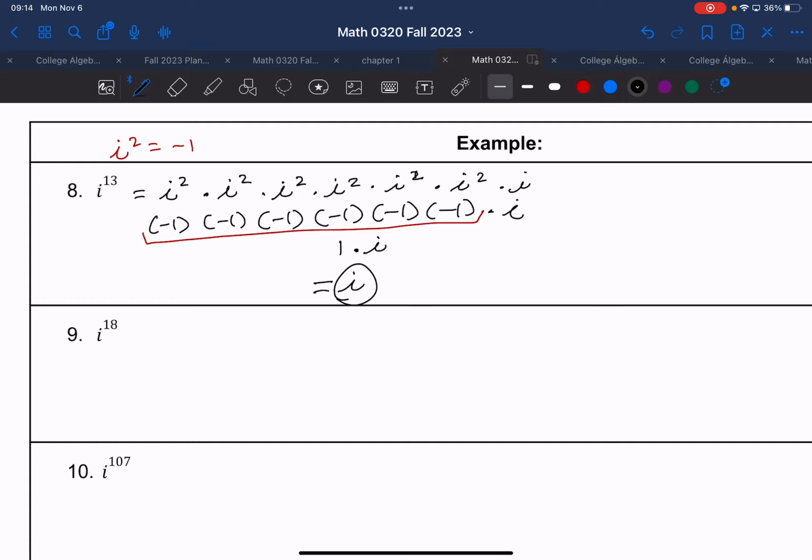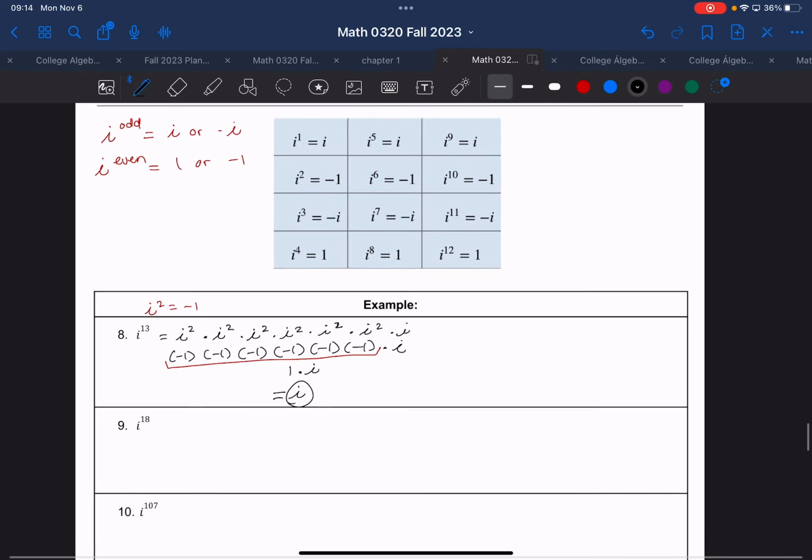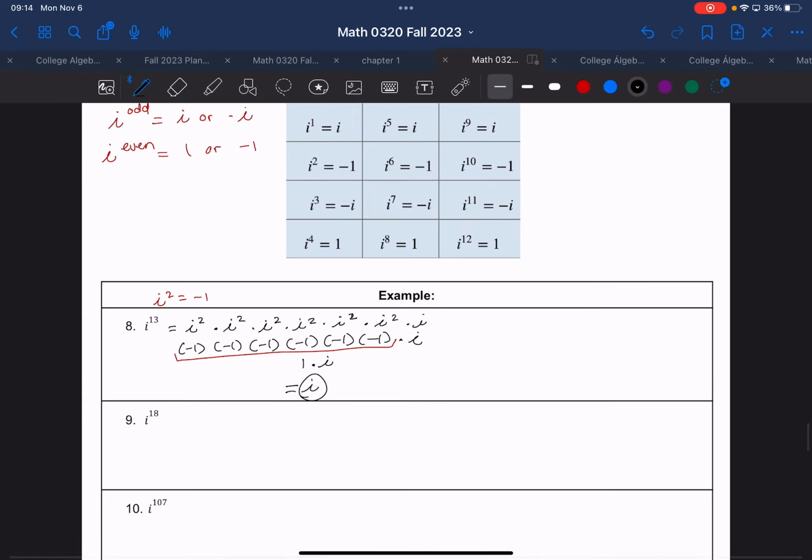We could also use the chart to our advantage. So looking at the chart, what's another way that we could write i to the 18th? We could say that i to the 18th is the same as saying what? So remember property of exponents. If we multiply, that means we're adding them together.